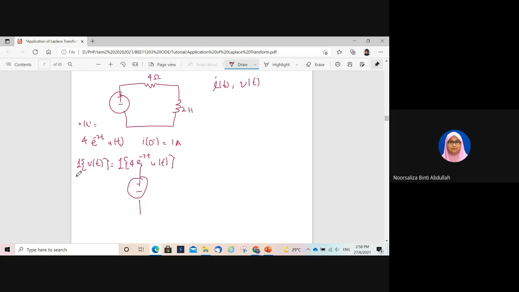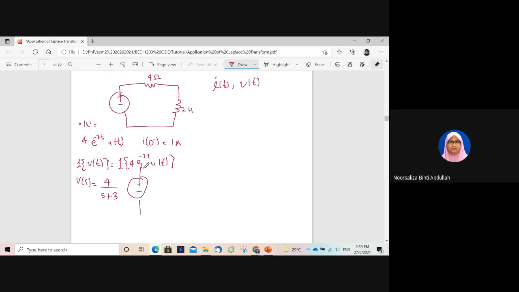So this one will be Vs equals to, you find the Laplace for 4 exponent minus 3t ut. What did you get? 4 over S plus 3. Okay, so you have 4 over S plus 3. This is for this one.